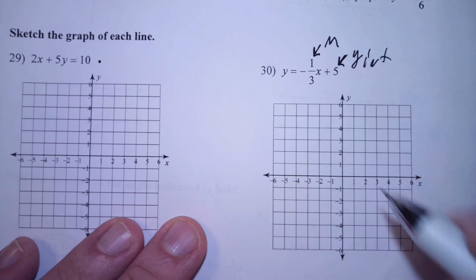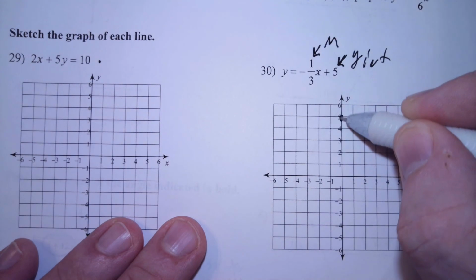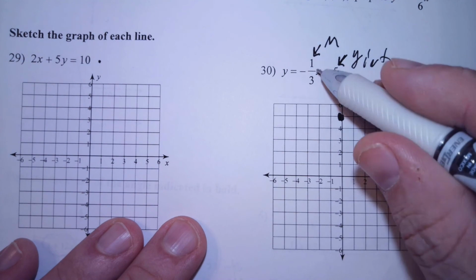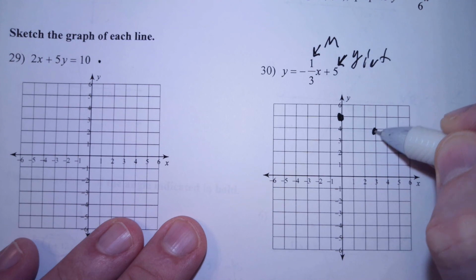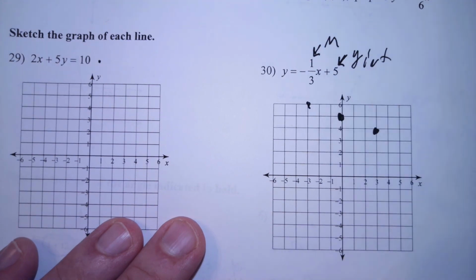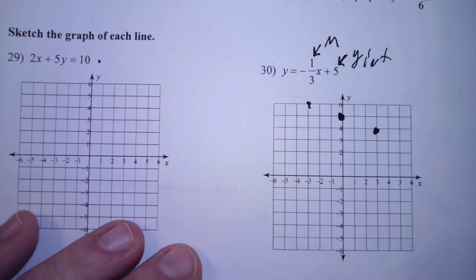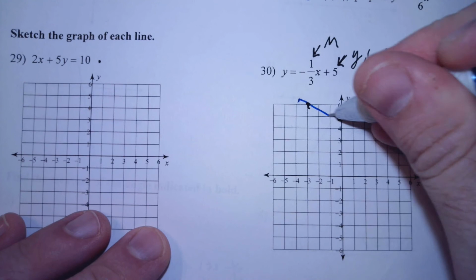And we are going to go ahead and begin on 5. That's up here. That is a negative slope, so I'm going to go down 1 and right 3. I can also go up 1 and left 3. By the way, it's going to make a negative slope, and so I'm going to connect those points, and we are done.